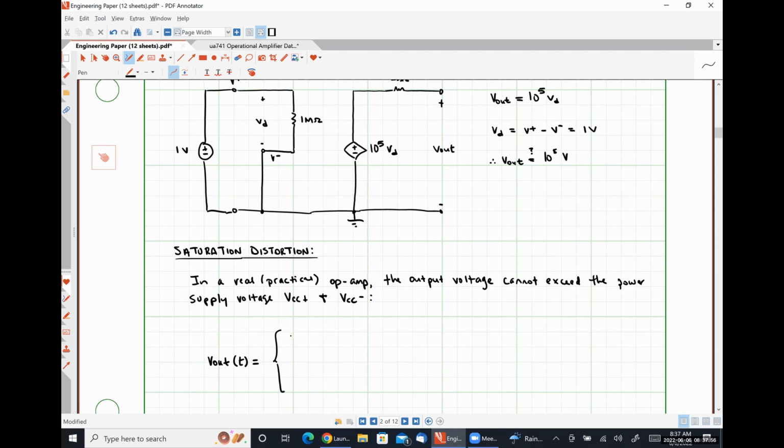So our output voltage will be VCC plus when AVOL times V plus minus V minus is greater than or equal to VCC plus, which we will call positive saturation.